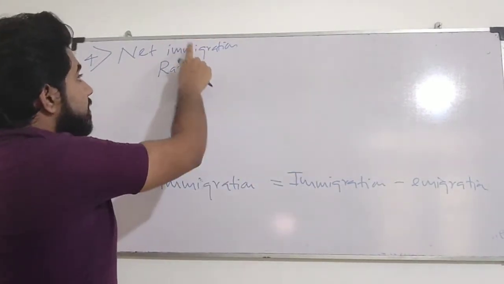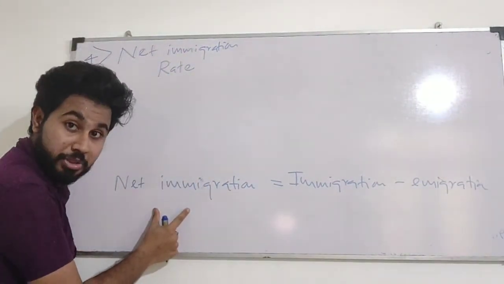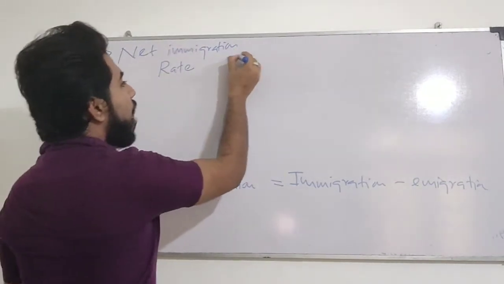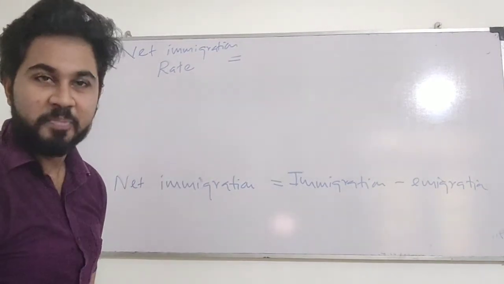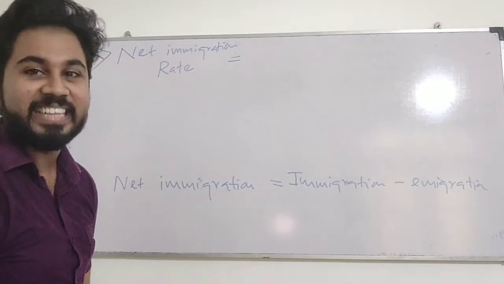Right. Now, what is the net immigration rate? This is just net immigration. No, this is the net immigration rate. How to calculate it? Follow the same rhythm that you used to construct the equation of birth rate and death rate.